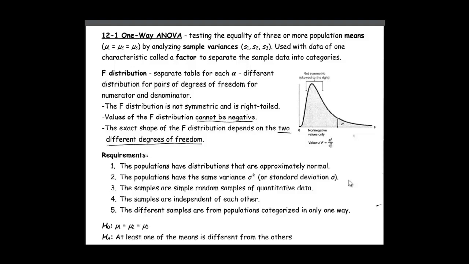A good example of this would be, let's say I wanted to compare the GPAs for DMAC students, and I decided to categorize all of DMAC students into whether you are a first term student, second term, third term, fourth term, fifth or sixth term. If I was going to use the strategies from our section on comparing means, we'd be going back and doing t-tests and looking at things in pairs.